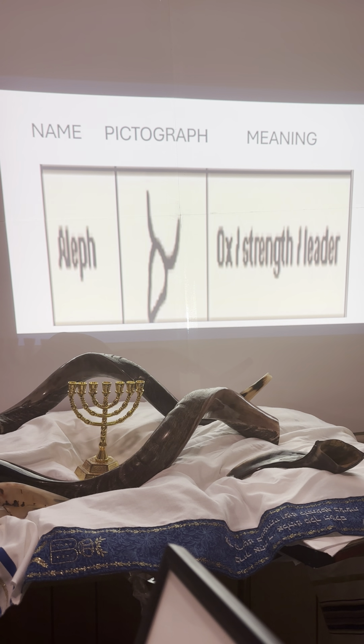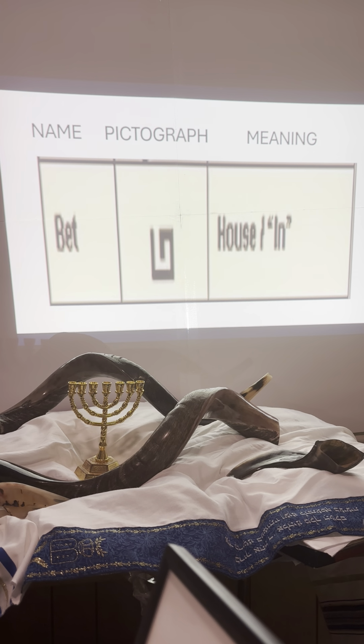And remember, we said that the aleph, here's a pictograph of the aleph. You see the ox head, right? It's an ox, and it talks about strength, and we talk about a leader, okay? And we have bet, and we talk about a house, and that's the meaning.